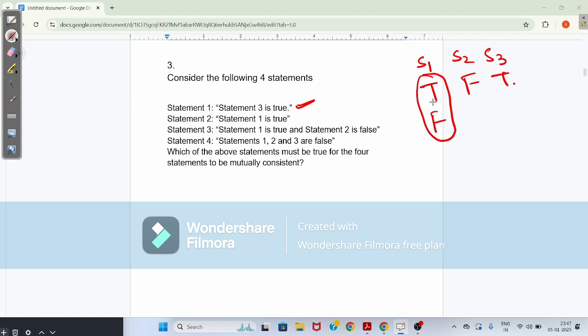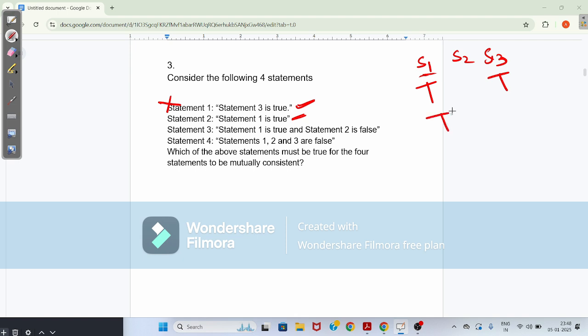Here the two sentences are coming. This is called a paradox. So by this sentence, we can say this is the wrong sentence here. Now consider statement 2. What is statement 2 saying? Statement 1 is true. Now statement 1 is saying statement 3 is true. What is statement 3 saying?